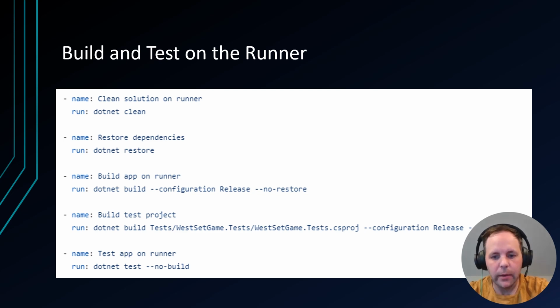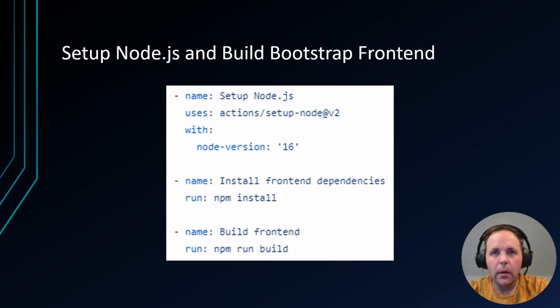That happens next. And then Node.js version 16 is installed, so it can be used to build the front end. The front end is built with Bootstrap 5, and there's a build command that npm lets us use. So it puts the CSS files in place by the use of Node.js on the runner.